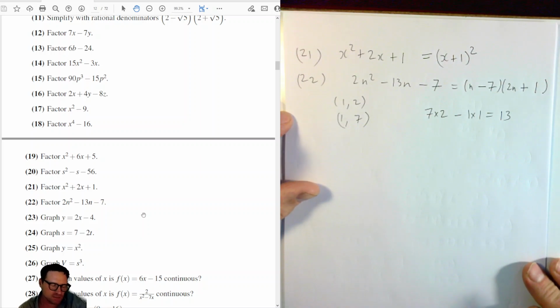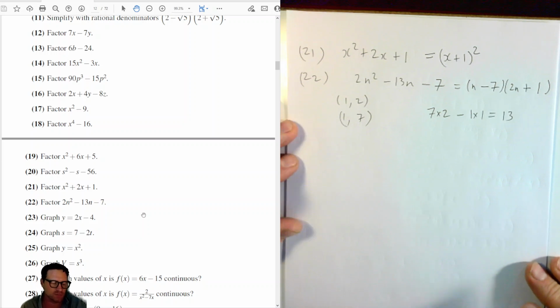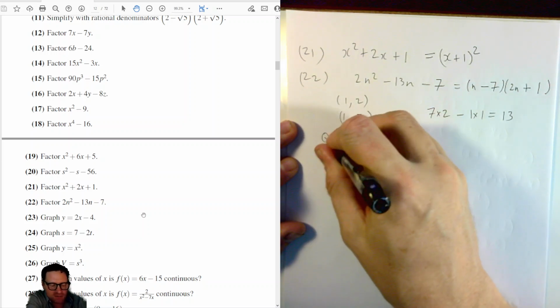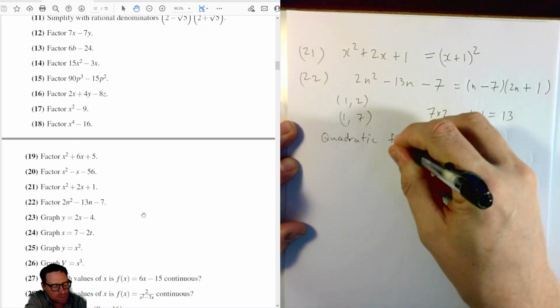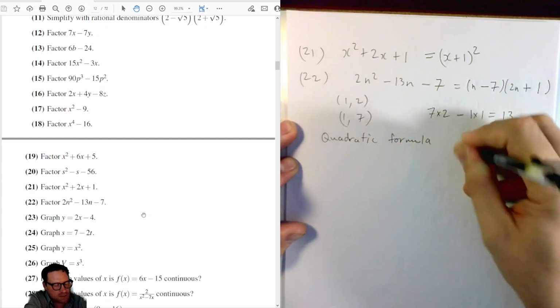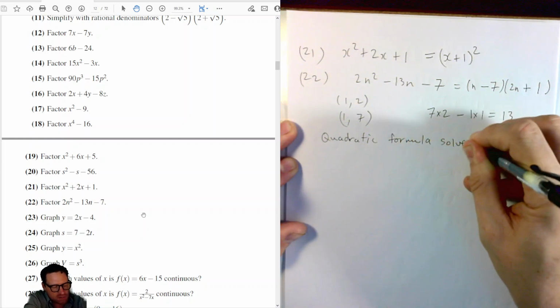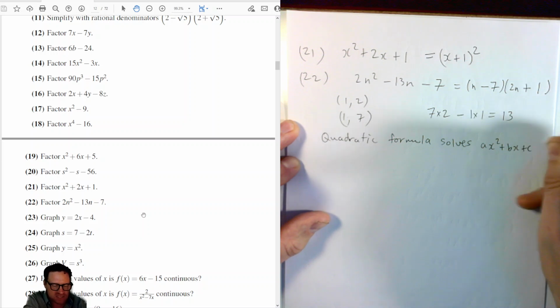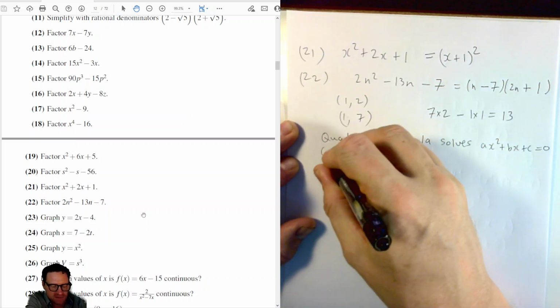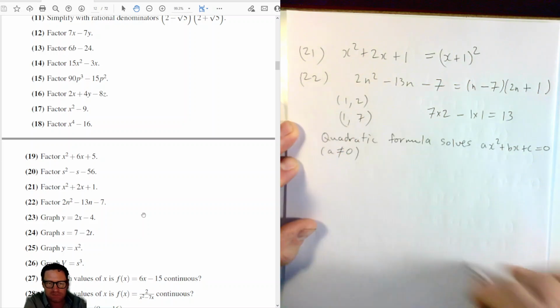All right, now this can be a little bit tricky, so I'll show you another method to do this using the quadratic formula. And I'll just remind you that the quadratic formula solves the equation ax squared plus bx plus c equals 0, provided that a is not 0.